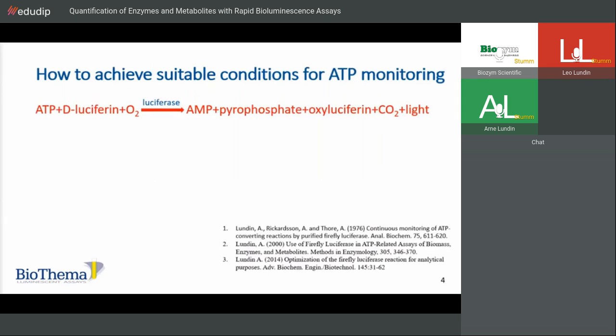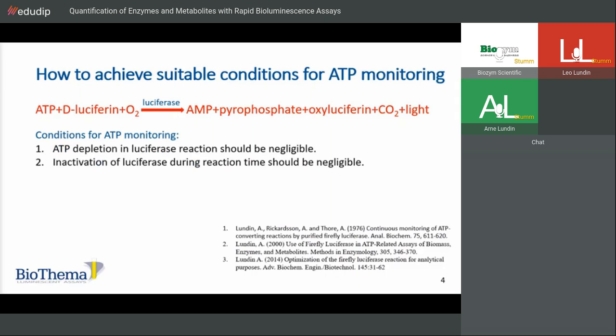And how do we achieve suitable conditions for ATP monitoring? The luciferase reaction consumes ATP and light is formed, and the light intensity is related to the ATP concentration. So the conditions for ATP monitoring are that ATP depletion in the luciferase reaction should be negligible, and inactivation of luciferase during reaction time should also be negligible.